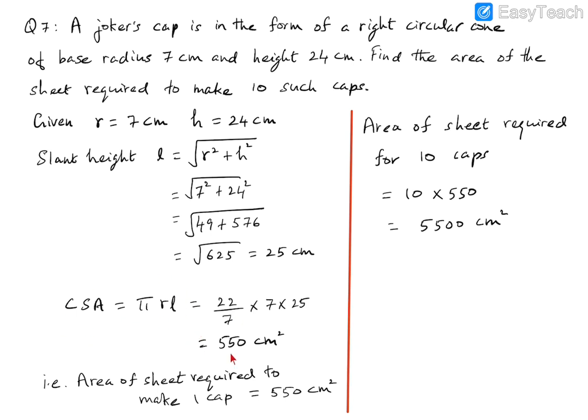Once we have the curved surface area for a single cap, we can compute it for any number of such caps, in this case 10, by multiplying the number of caps with the curved surface area of a single cap. So we obtained the answer as 5500 centimeters squared. Okay, so that's the second problem for today's session.